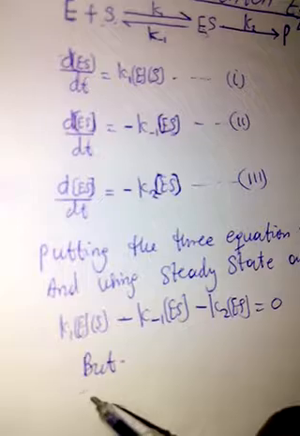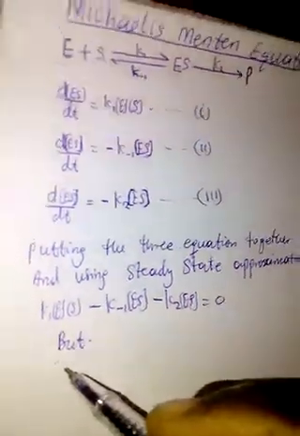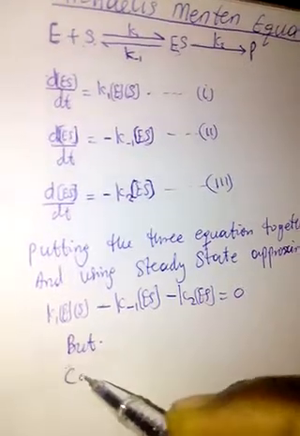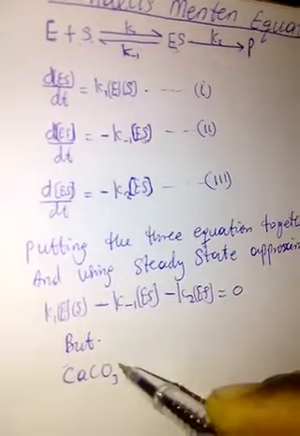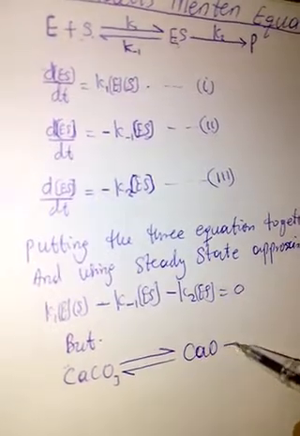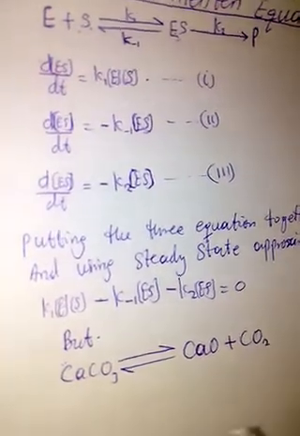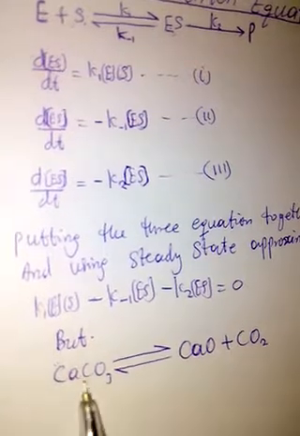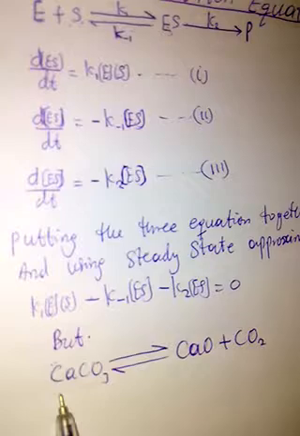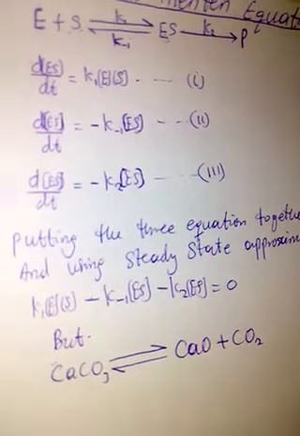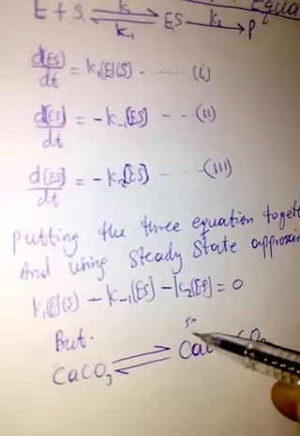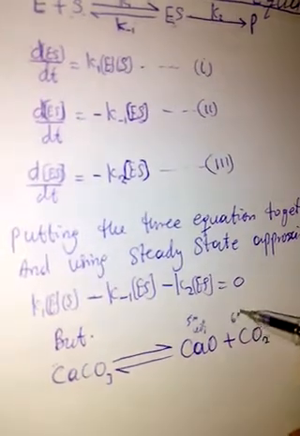The composition of a limestone, so you have CaCO3 in a reaction to form calcium oxide plus carbon dioxide. Before the reaction commences, at time t equals 0, we have 100% of calcium carbonate. But as the reaction proceeds, let's say at 5 minutes, we have 40% of this and 60% of this.